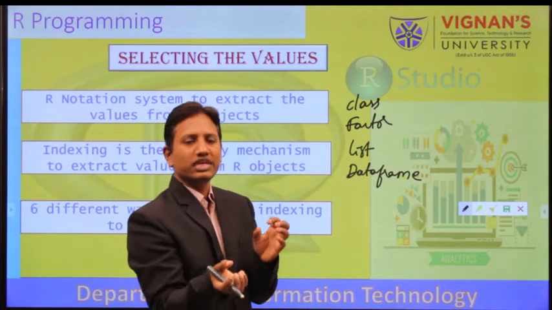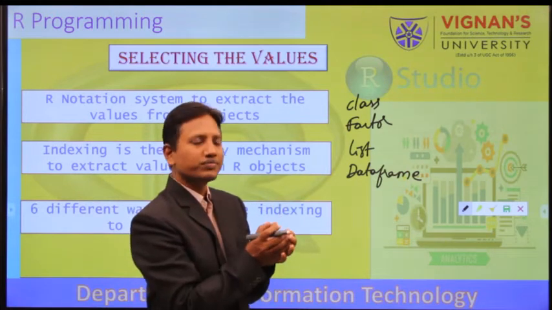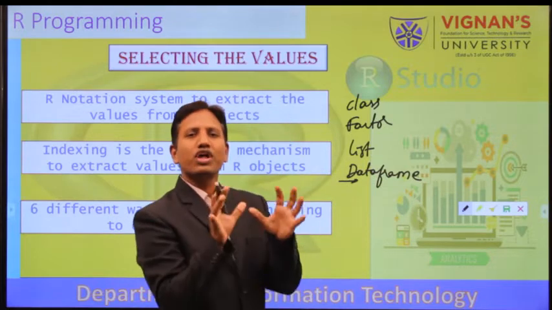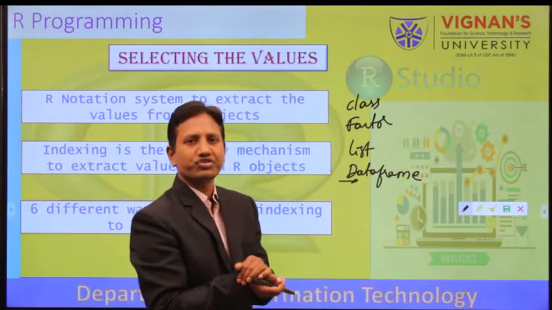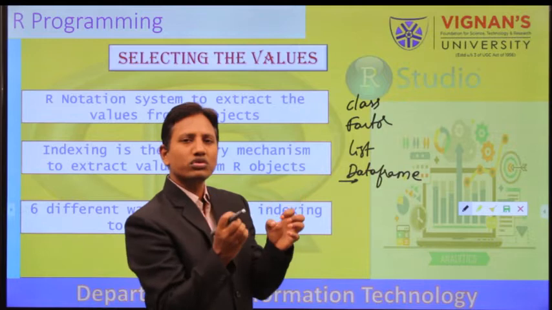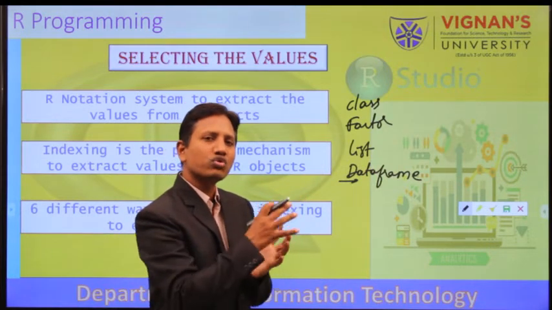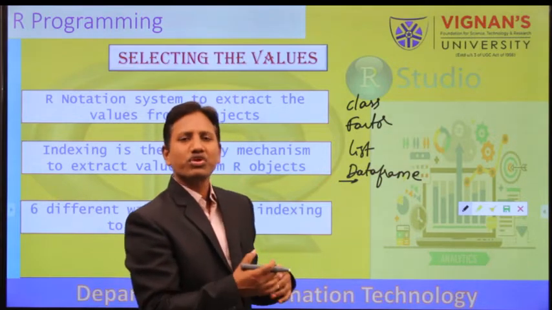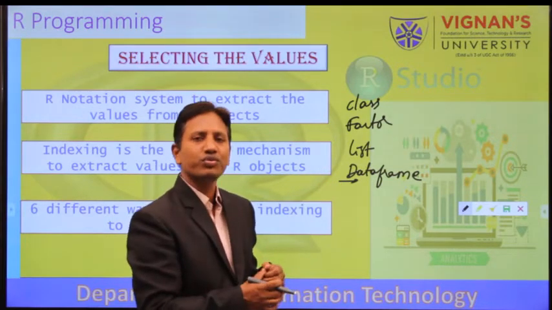Different objects it can hold. And a data frame is a two-dimensional data structure, so you can store data in the form of rows and columns. And we have seen one application also of how this data frame is going to help.